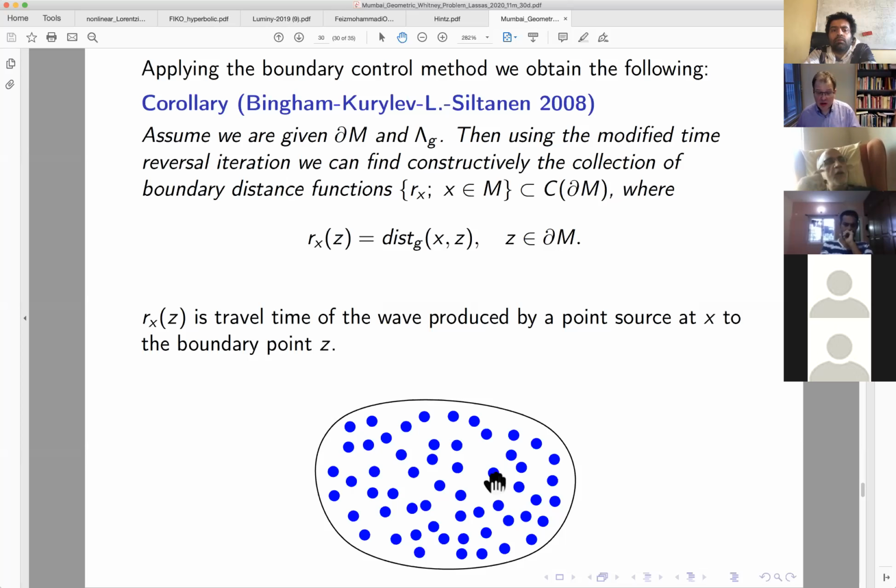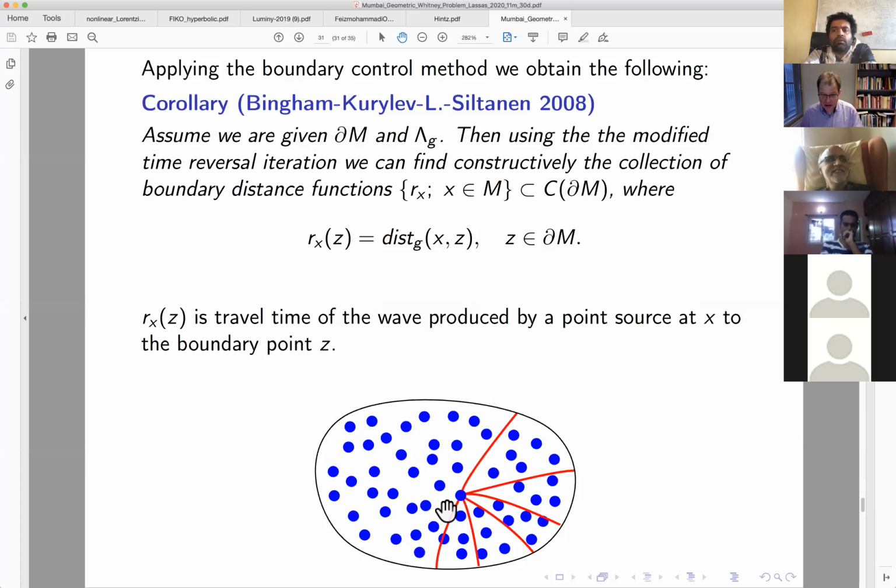So when we have concentrated waves to one point here, then when we look at the measurements of the waves at later time moments, the wave propagates back to the boundary, and we can measure how long it takes to come to different boundary points.